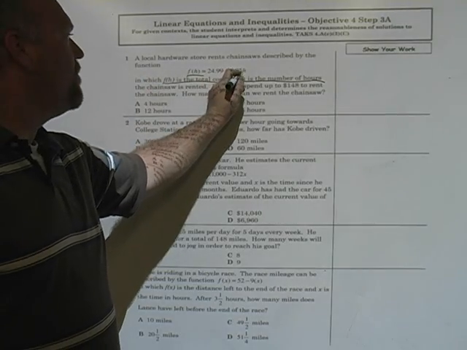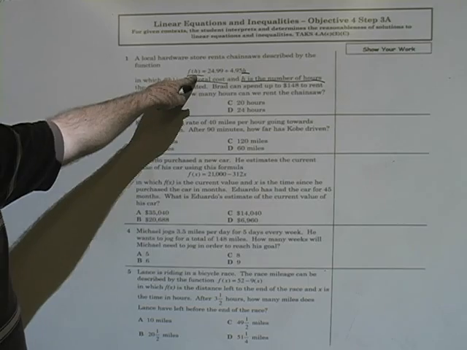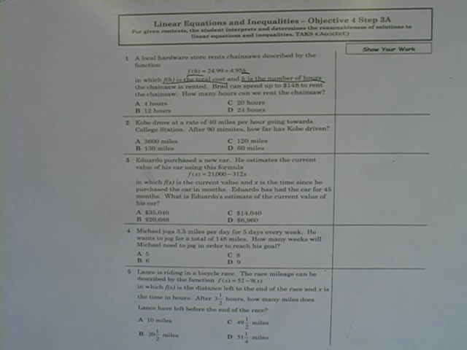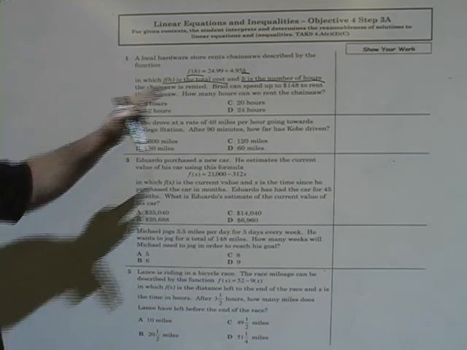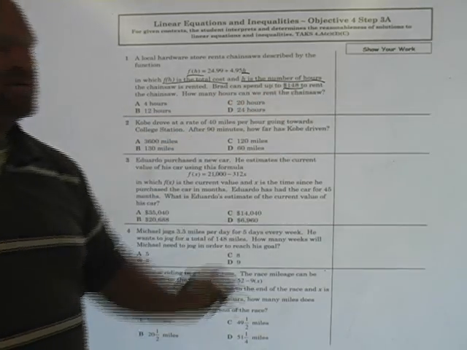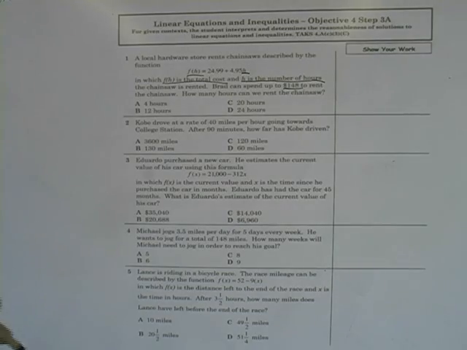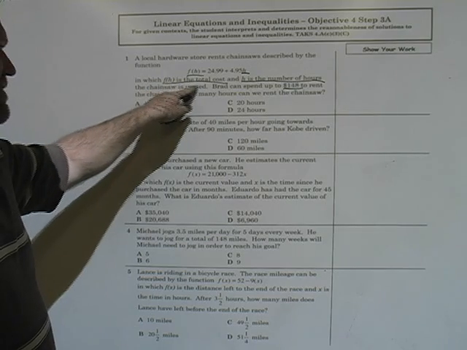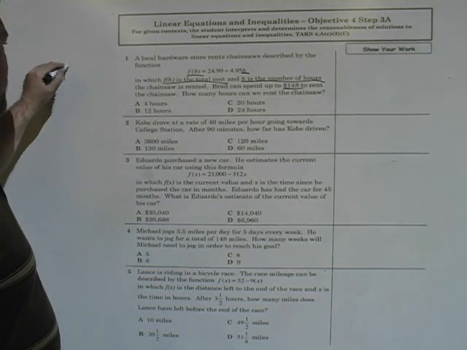It says Brad can spend up to $148 to rent the chainsaw. So $148 is obviously the cost, so it's going to go here. f of h is the cost, so I'm going to write that.